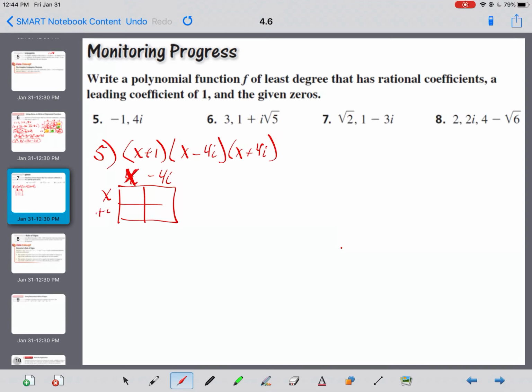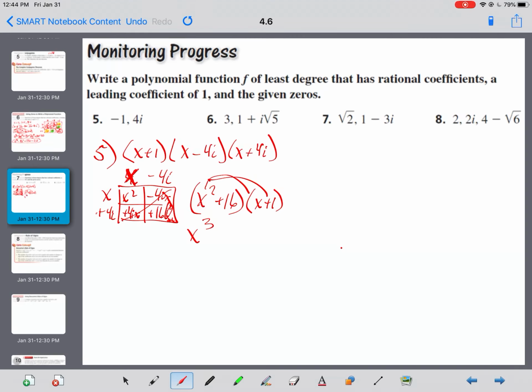That's an x, that's a plus 4i. x squared, negative 4ix, positive 4ix, and negative 16i squared. That's important. It's a negative 1. The negative makes it go positive. So we get x squared, these cancel, plus 16, times the one we didn't do, x plus 1.